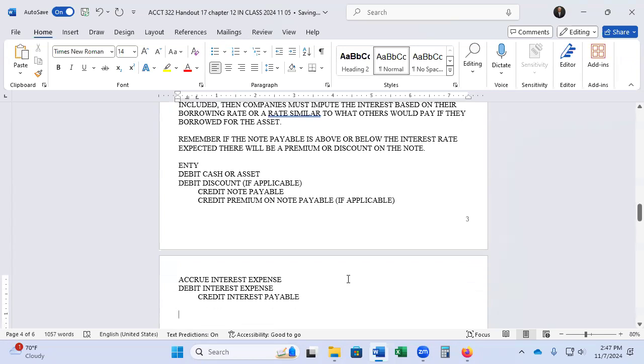And then note, if a premium, then debit premium to amortize it. If a discount, credit the discount to amortize.